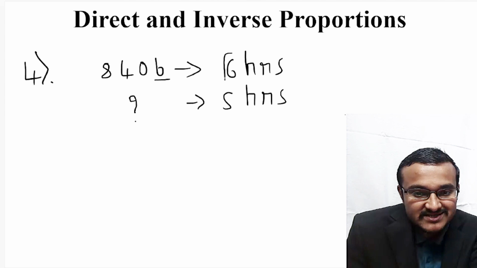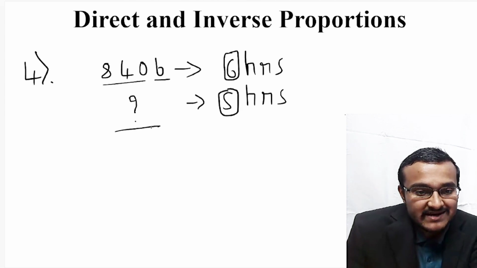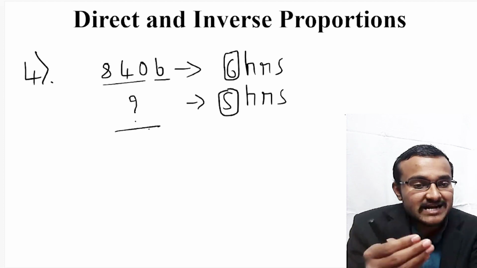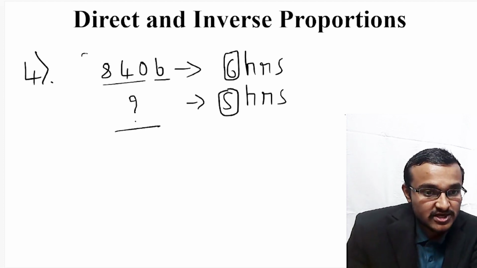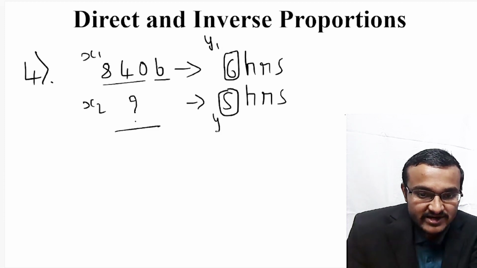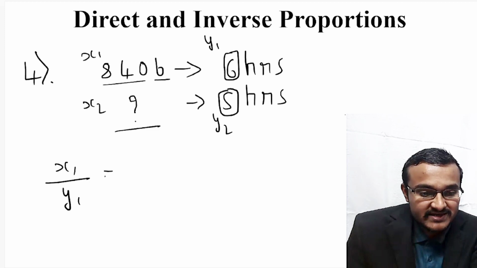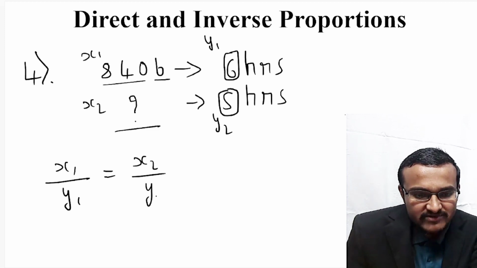So here this particular 6 hours and 5 hours are the y values. 840 and we don't know the second value. So that is actually the x values. So here you can take this as x1 and x2. Here you can take this as y1 and y2. So according to the direct proportionality equation, x1 by y1 is equal to x2 by y2.